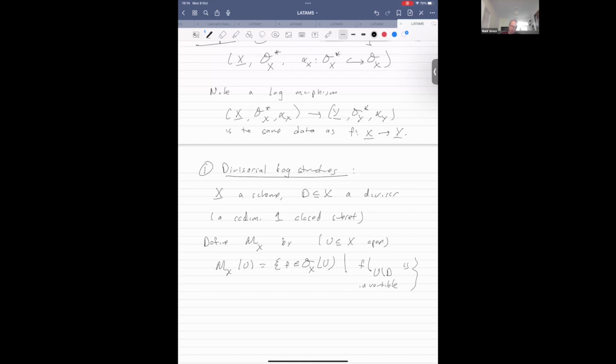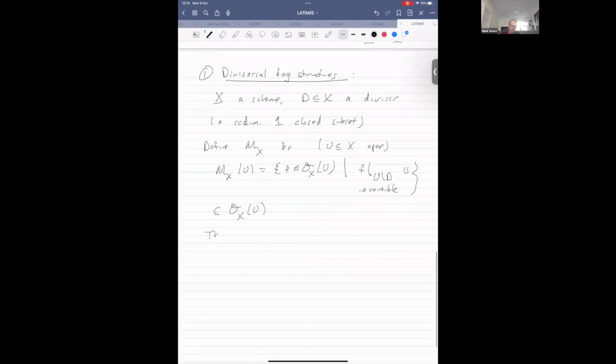So this is a sub-monoid of OX of U. This is just the set of functions which are invertible away from the divisor D. So you're allowed to have zeros along D, no poles.